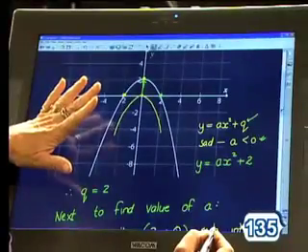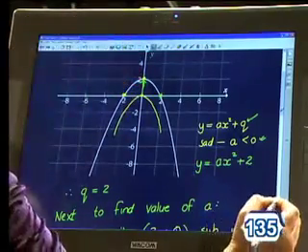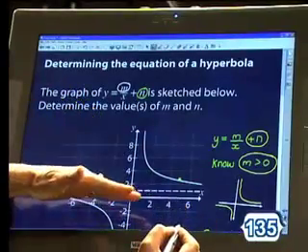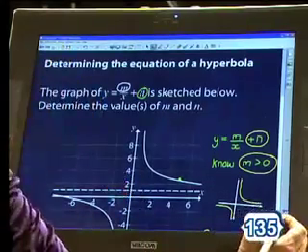So can you see that in these 3 examples, what we've actually done is we've found a method that allows us to find the equation of any graph that they give us. We saw that with the parabola, we just had to find out how much it had been lifted, then sub in a point. Then with the hyperbola, we found out how much that asymptote had been lifted, then we subbed in a point.